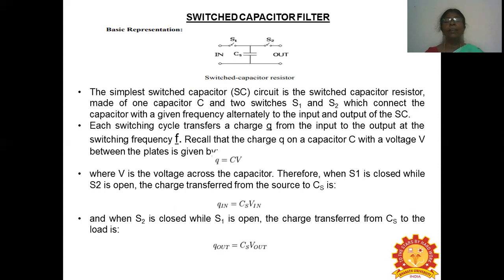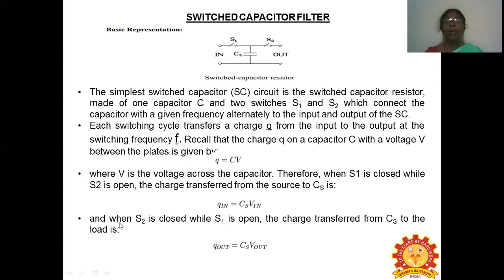Therefore, when the switch S1 is closed while S2 is open, the charge transferred from the source to the capacitance Cs is represented by this equation: Q in equals Cs times V input, where V input is the applied input voltage.